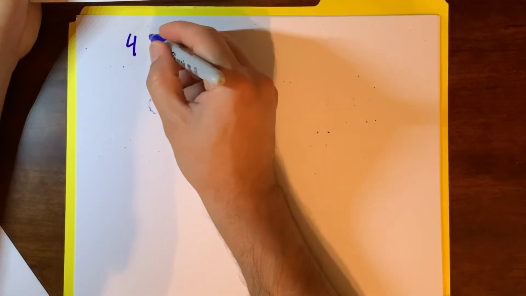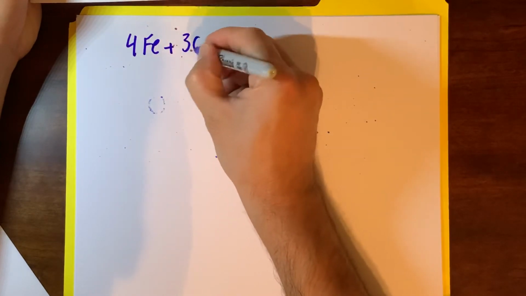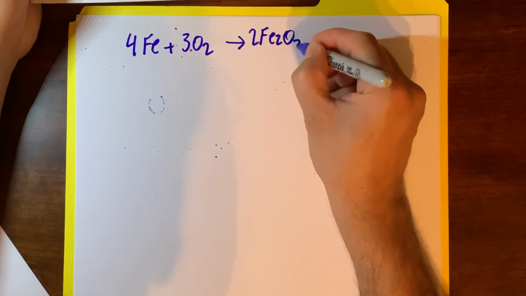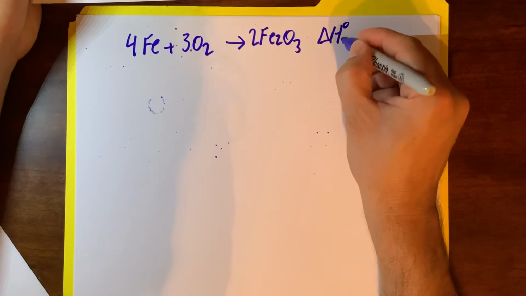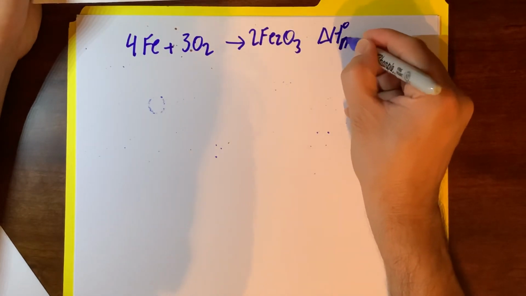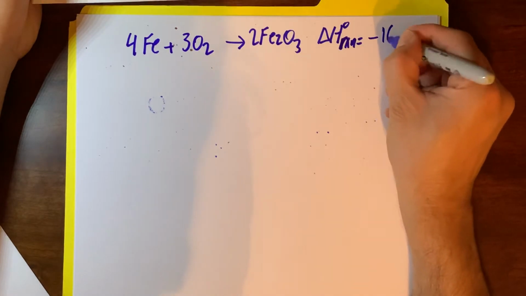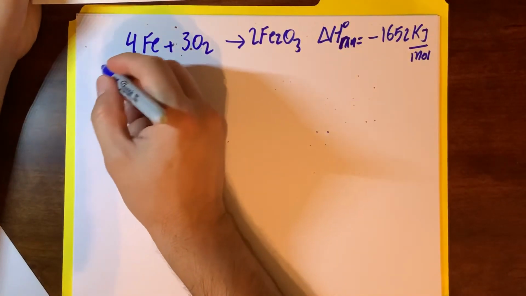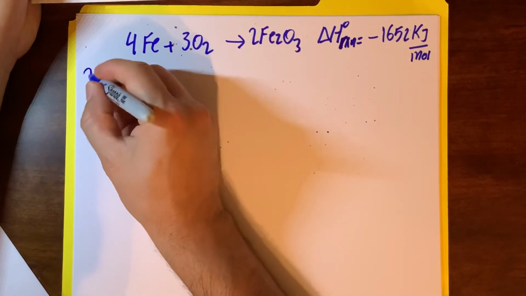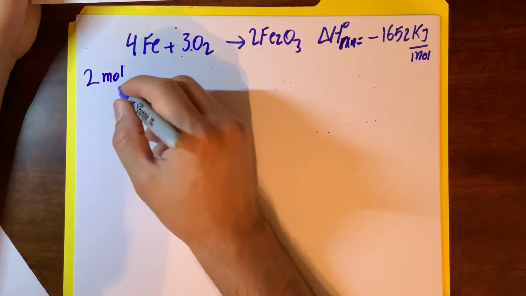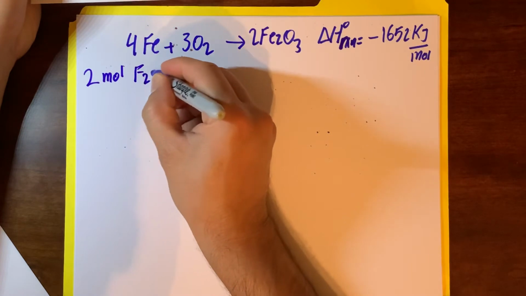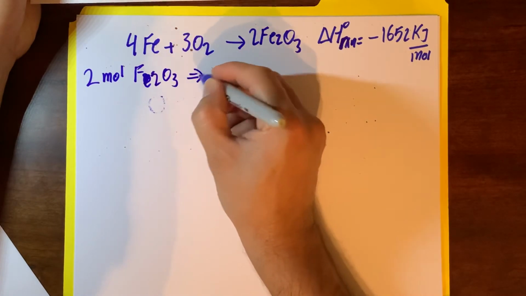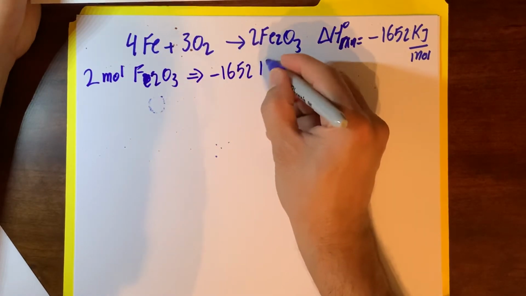We have 4 mole of iron plus 3 mole O2. We get 2 mole iron 3 oxide, and delta H for the reaction is equal to minus 1652 kilojoule per mole. That means whenever we form 2 mole iron 3 oxide, we will get minus 1652 kilojoule heat.